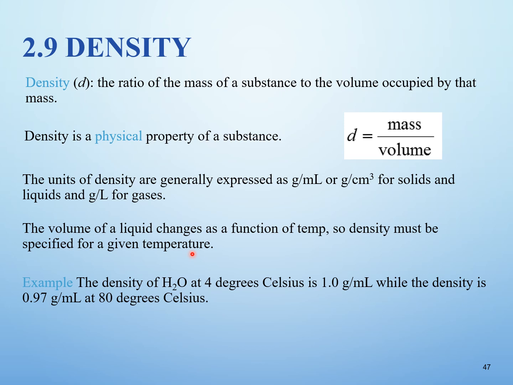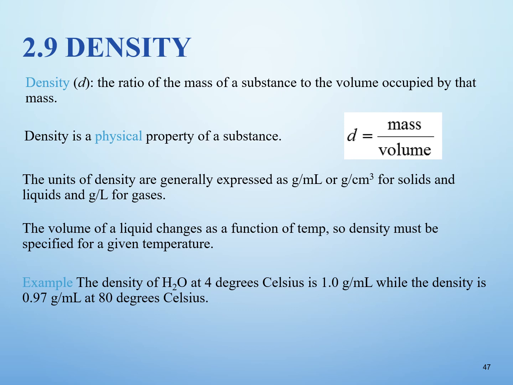But you don't have to memorize what density is at a given temperature. We usually will provide that to you if you need it for calculation. So it says here water at 4 degrees Celsius is 1.0 grams per mL, but if you warm it up, it's actually a little bit different. But typically we just keep it as 1 gram per mL for our density of water when we calculate stuff.